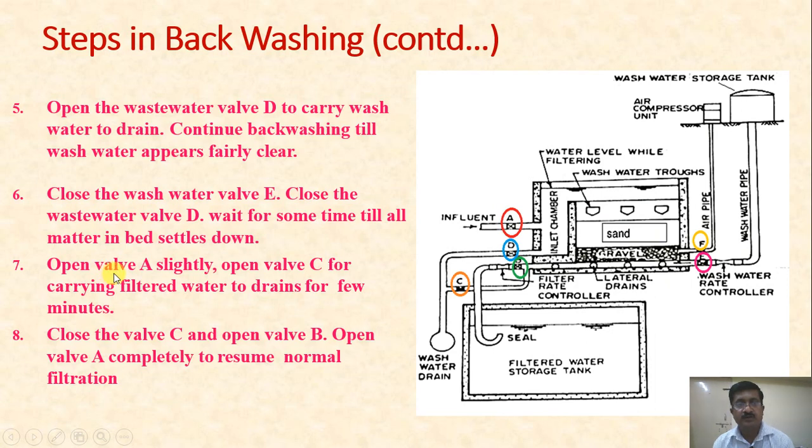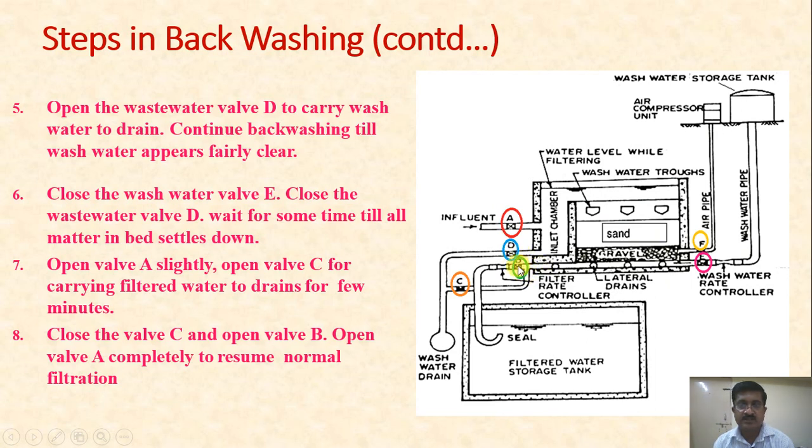Open valve A slightly. Open valve C for carrying the filtered water to a drain for some time. Valve A is slightly open, which is an influent valve, which will bring the water again here. But this time we are not opening this valve B. So what is the role of valve B?